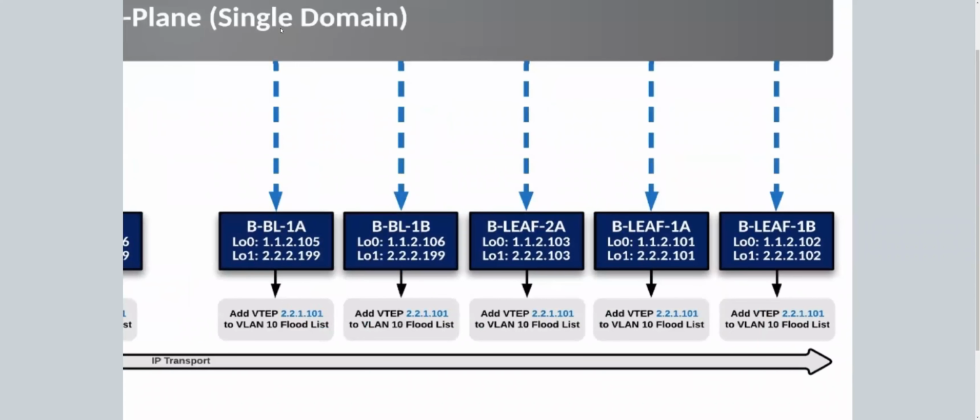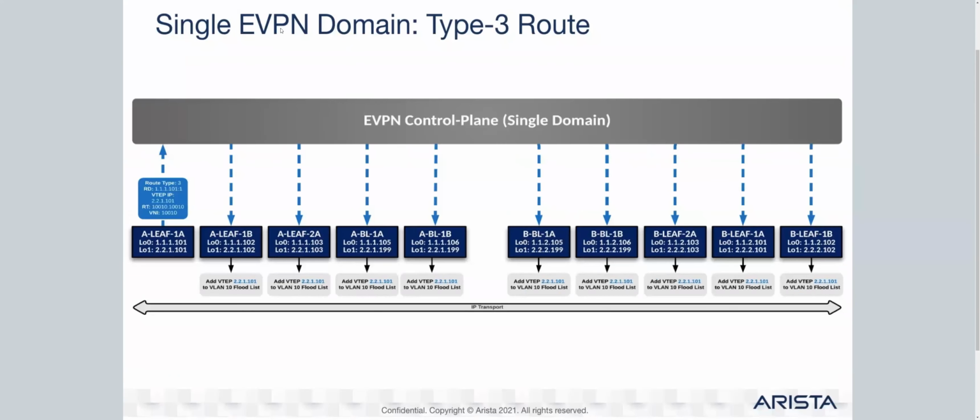On BLEAF1B, he receives the route and says, okay, cool, for my VLAN 10 flood list, I better add 2.2.1.101. Now, this means, of course, end-to-end IP reachability must exist between the VTEPs, but this also means that in our lab, which isn't a very large topology, but if we had hundreds of VTEPs across a single domain, you can imagine that the flood list could get pretty large.